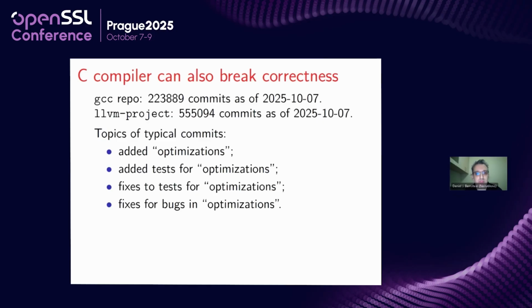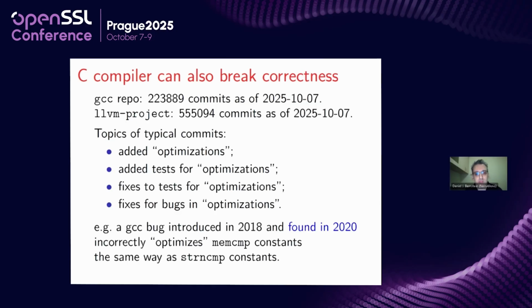And so they add some optimization, and then they add some tests for it, and then they realize the tests are not working correctly, so they fix the tests, and then they realize the optimizations are not working correctly, so they fix the optimizations. And this just keeps going and going and going because that's a huge part of what GCC and Clang are doing, is trying to make your code run faster. Just a random example of this is a bug from GCC from 2020.